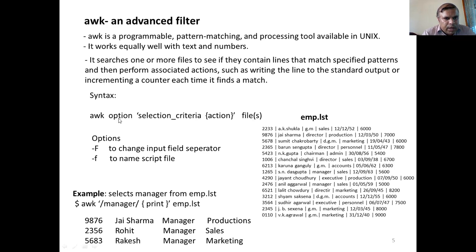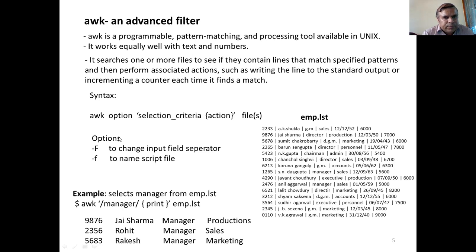So AWK can have different options. Which are the options? Dash capital F followed by the field separator is used to change the input field separator. By default, AWK uses a contiguous sequence of spaces or the tab character as the field separator. The second option is dash small f followed by the file name, used to name the script file, that means to specify the file that contains the AWK script.